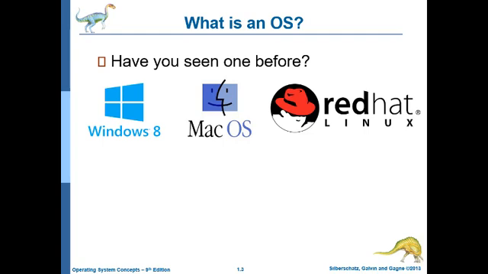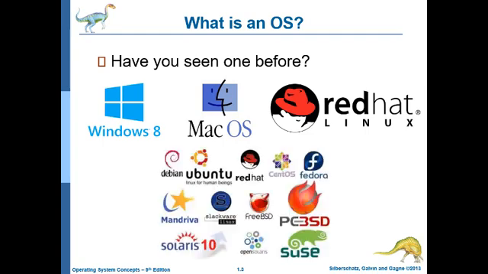One type of Linux is Red Hat Linux, and there are many other forms of Linux or Unix operating systems. Linux is the open source version, and there are different versions of the Linux and Unix operating system. You can see some of them here. Do you see my slides?